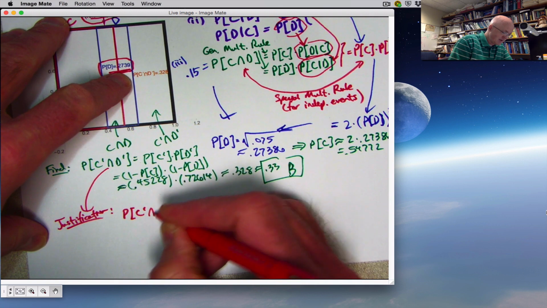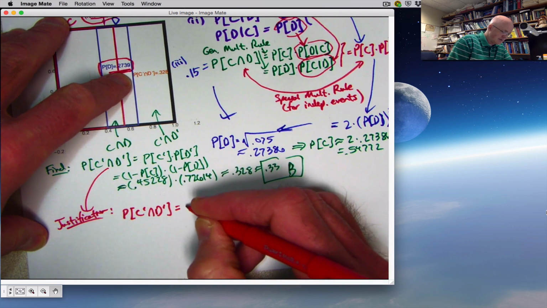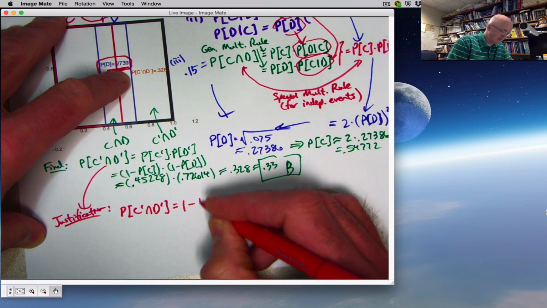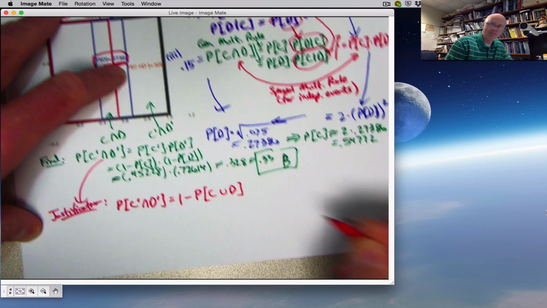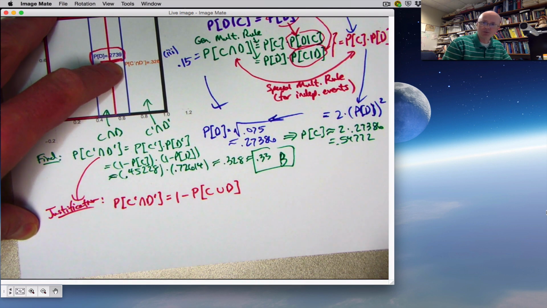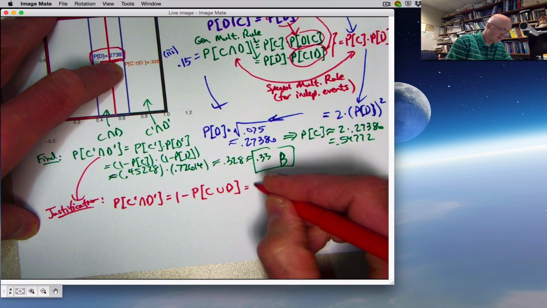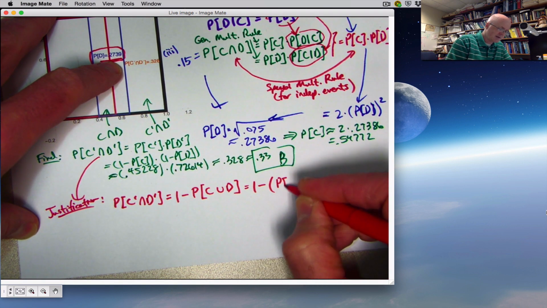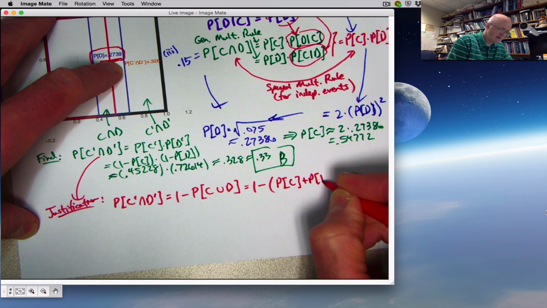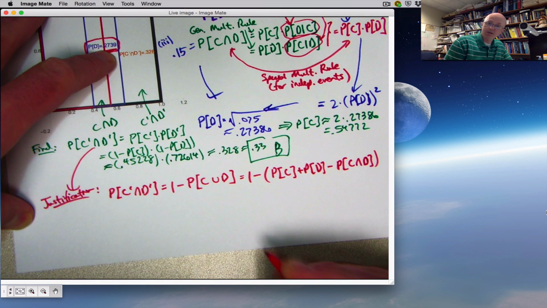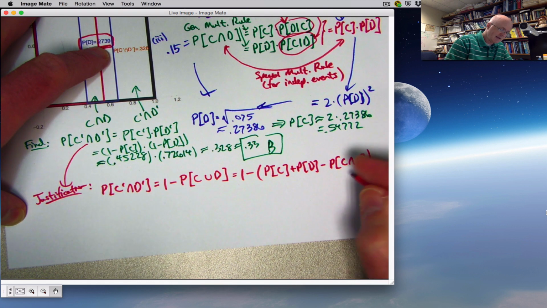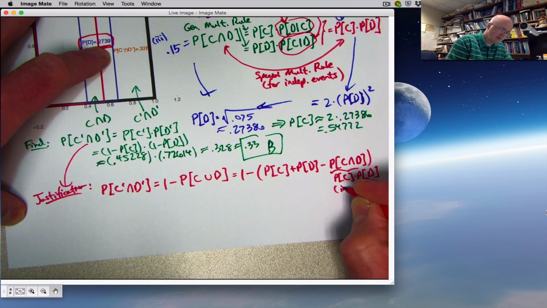P of C prime intersect D prime is 1 minus the probability of the complement of that, which by a De Morgan law would be C union D. Then I can use the general addition rule to rewrite the probability of C union D as the probability of C plus the probability of D minus the probability of C intersect D. But because I'm assuming independence, this equals P of C times P of D, since I'm assuming independence of C and D.